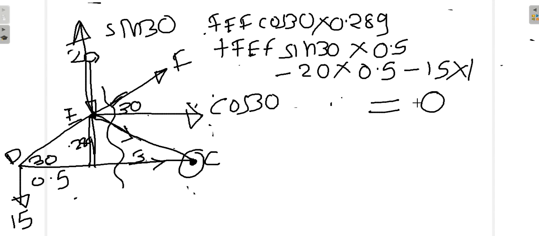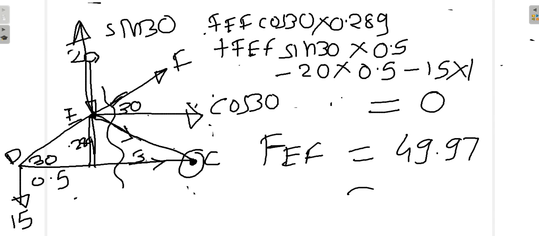I'm getting 49.9, that is almost 50. It is in conjunction with our previously calculated answer for FEF.